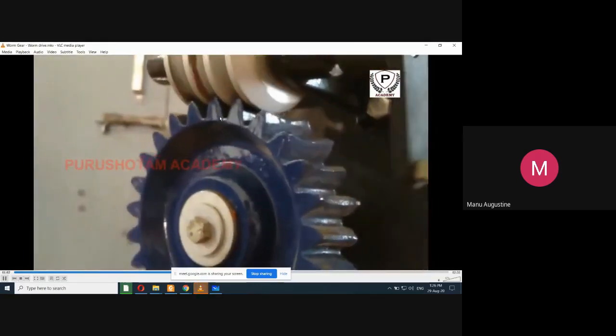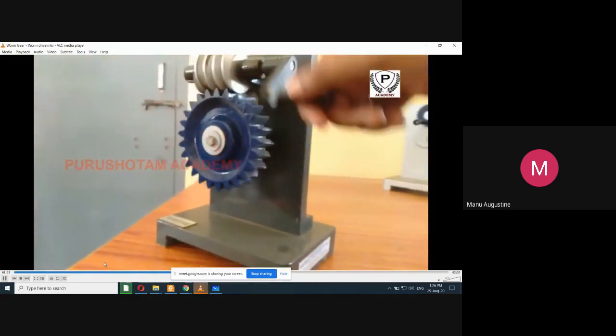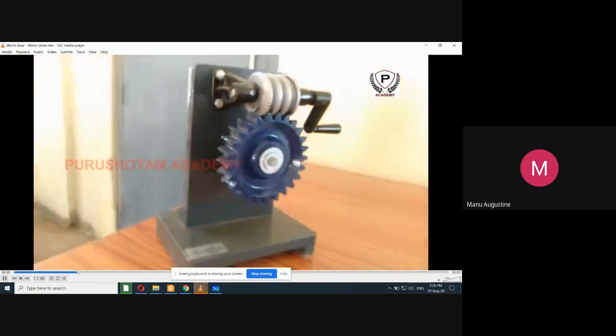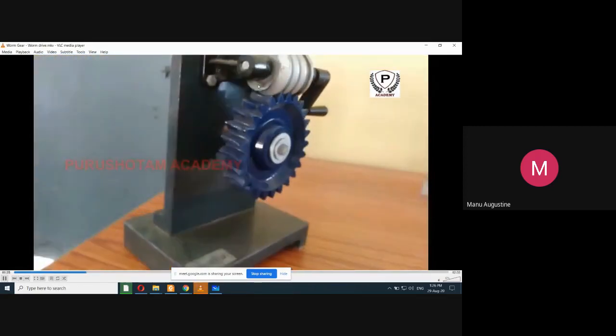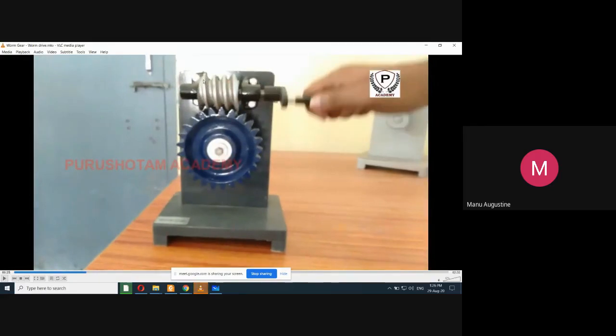Got it? So actually this worm is nothing but a screw-like object. On the shaft the worm is, this is very clear here. Can you see? This is actually a screw-like winding over a shaft. This is called a worm.